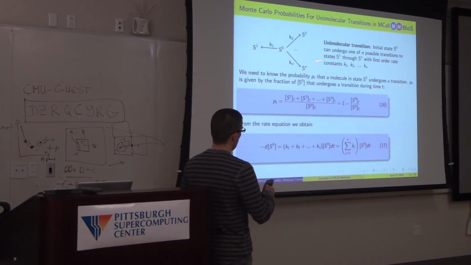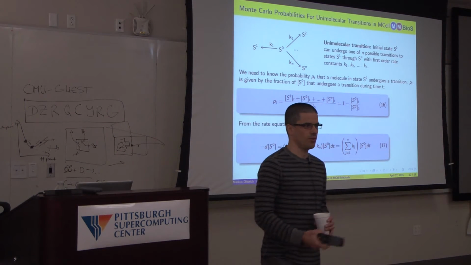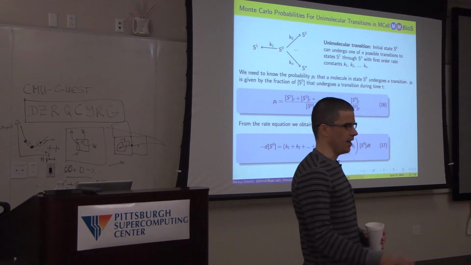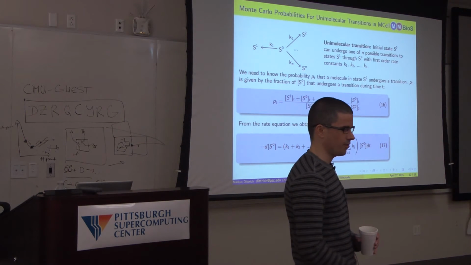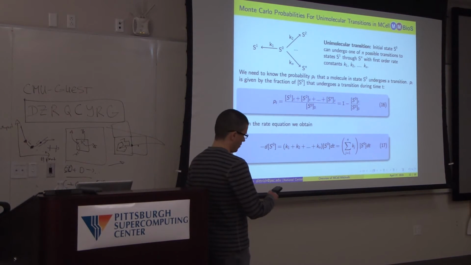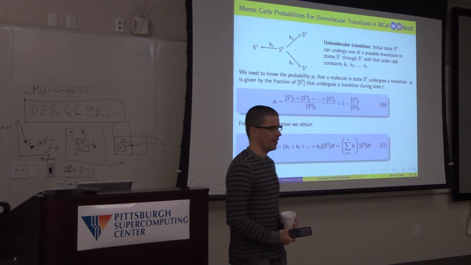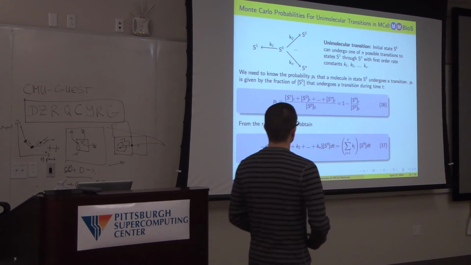And what we need to know is the probability for that to happen. The user specifies the different states and the k values, which you put into your MDL file. You say k is 1 to the power of -5 or whatever. And our MCell simulation has to figure out the probability for these reactions to happen given the k values and states that you give us.